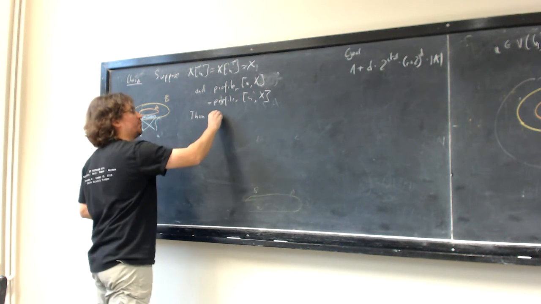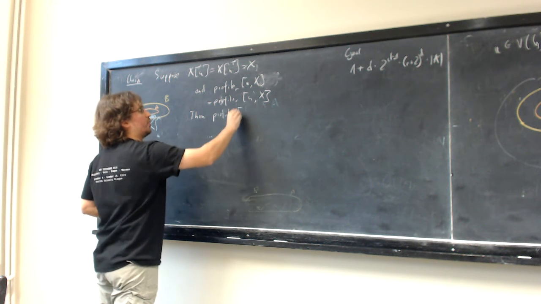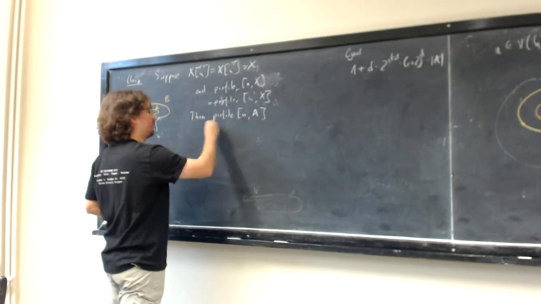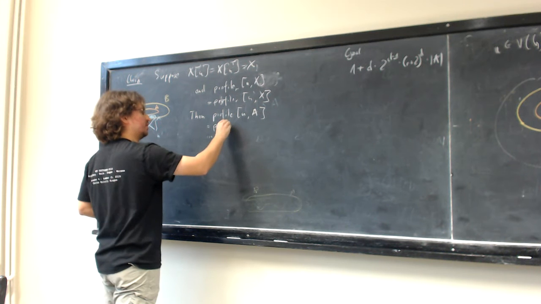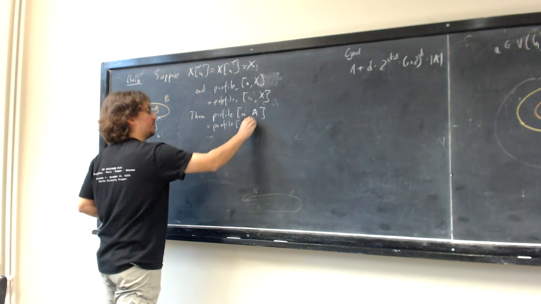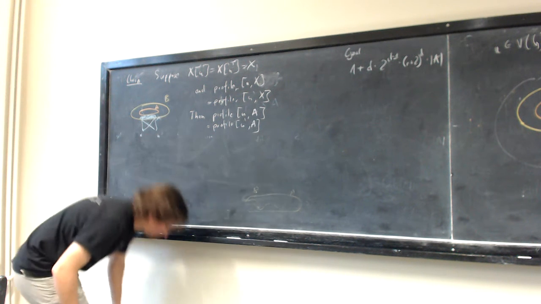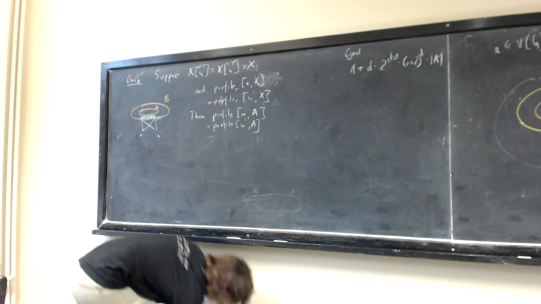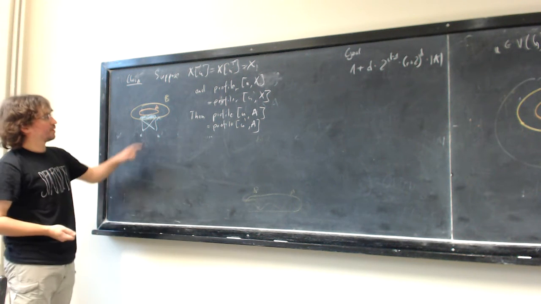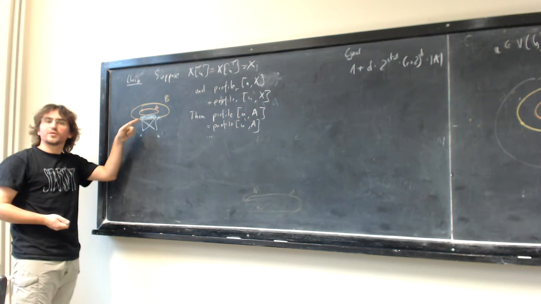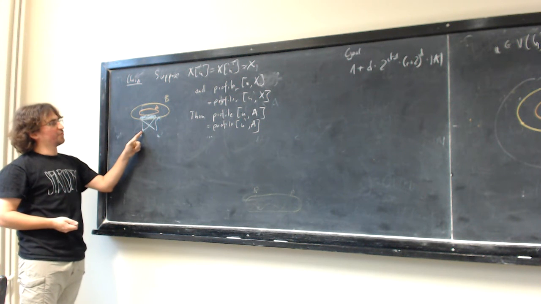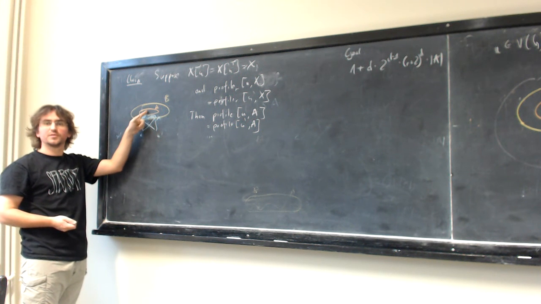that the profile of u on A is the same as the profile of u prime on A. So how to read it? This local separator sort of catches all the paths from u and u prime to A, right?